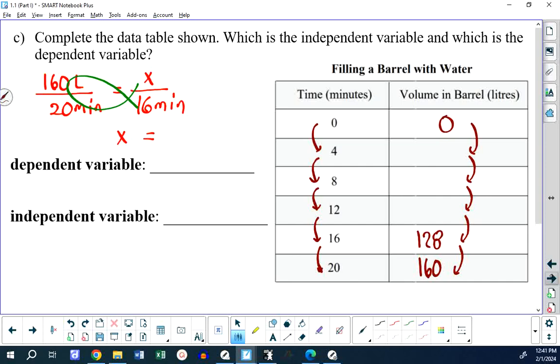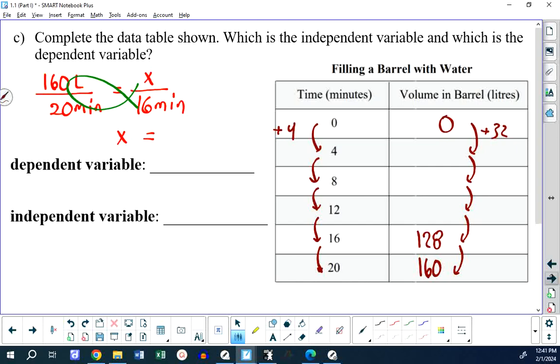So how much is it going up from 128 to 160? 32. So it's going up by 32 here every time the time goes up by 4. So we don't have to start at the top. We can go to the bottom and just keep taking 32 away from each number.